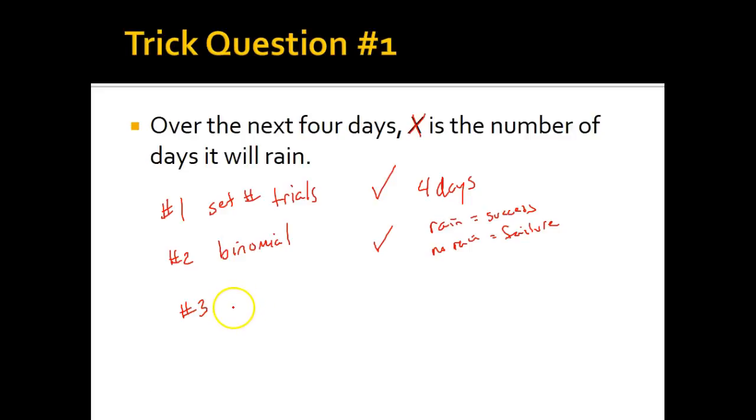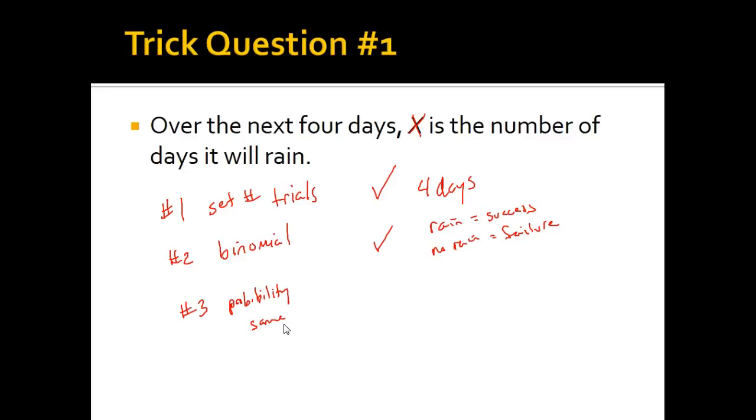And that is the probabilities stay the same each time. Now, this is a little bit tricky, and that's why this is the trick question. What is the chance that it's going to rain today? What's the chance it's going to rain tomorrow? What's the chance it's going to rain the next day?